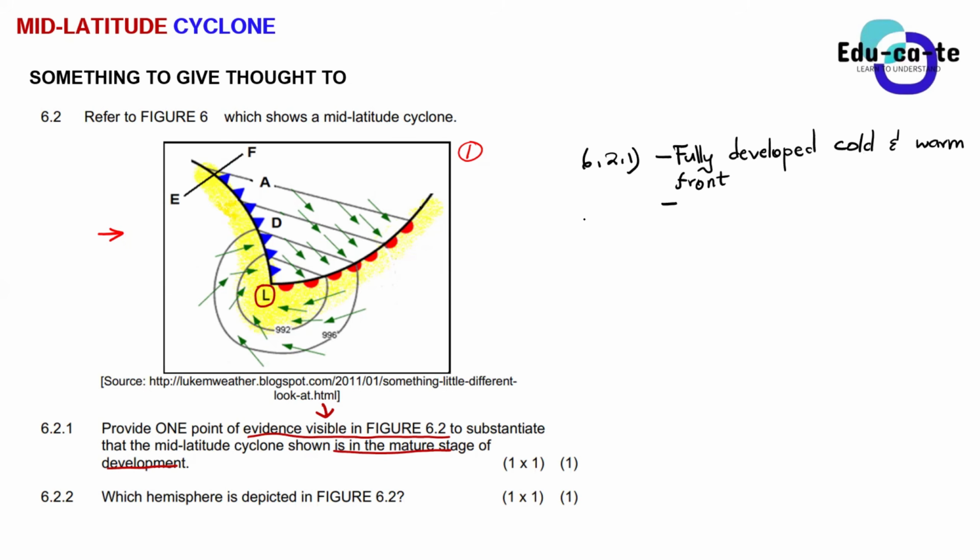During the development stage we don't really have a cold sector, but during the occluded stage the cold sector still remains bigger. So it is similar in both of them. That's not a point enough for us to say definitely this is mature. Okay. Yeah, I will write the correction.